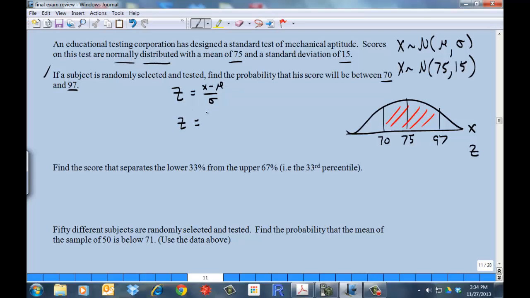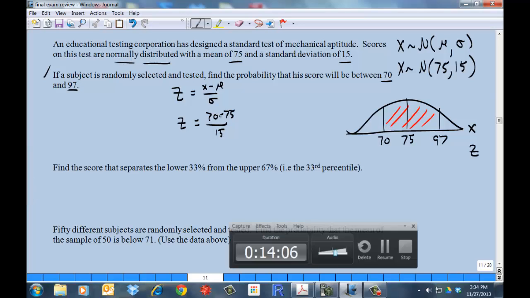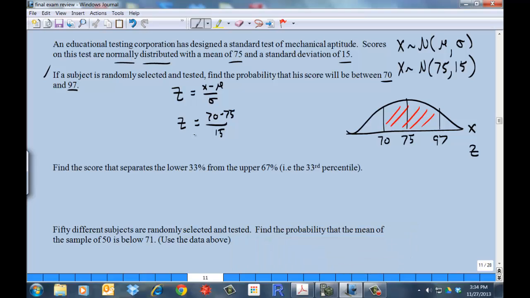So z is equal to 70 minus 75 over the standard deviation of 15. And we get z is equal to minus 0.33. And then we'll convert the other one. So z is equal to 97 minus 75 over 15. z is equal to 1.47.